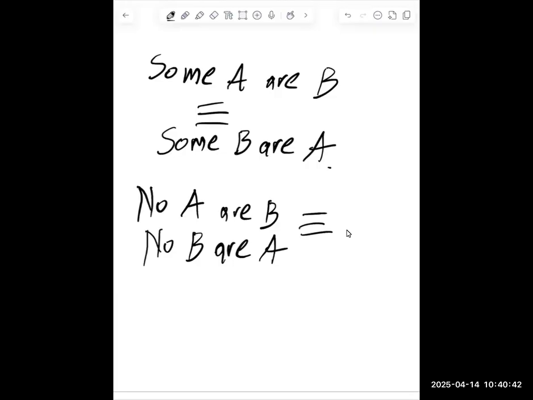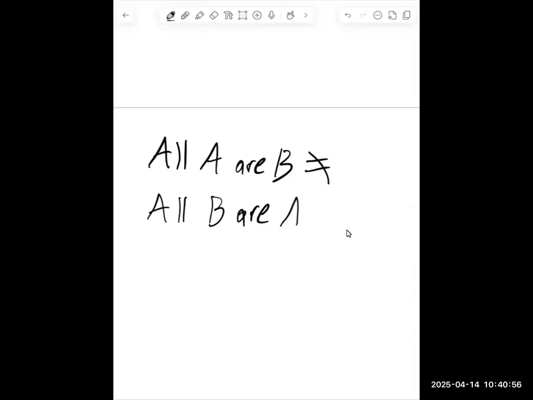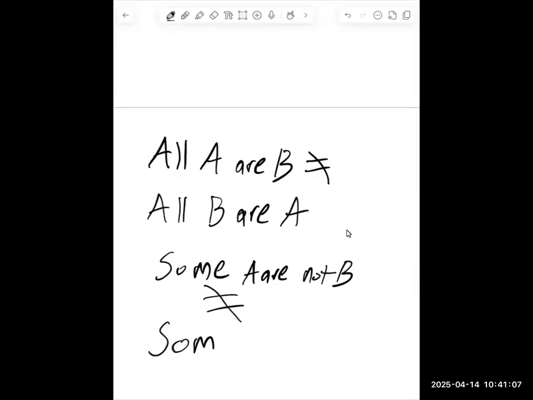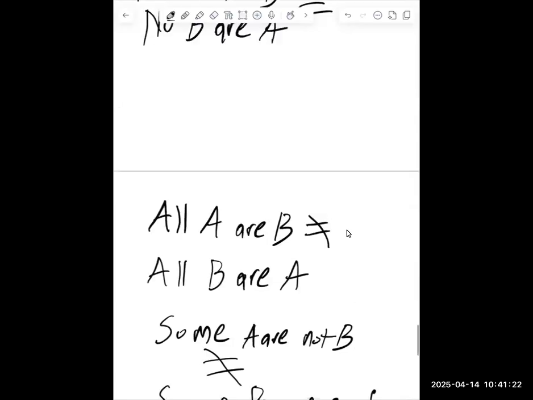These statements mean the same thing. These statements do not. Logical equivalence just means for the purposes of logic, statements mean the same thing. We'll talk about more precise definitions of this later.